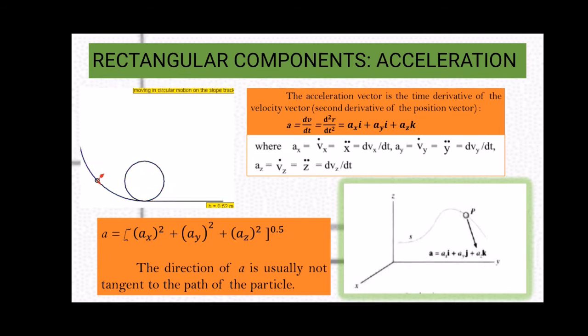Then, as you can see in the figure of the graph, the magnitude of the acceleration vector is a is equal to a sub x squared plus a sub y squared plus a sub z squared raised to 0.5. Then, the direction of a is usually not tangent to the path of the particle.